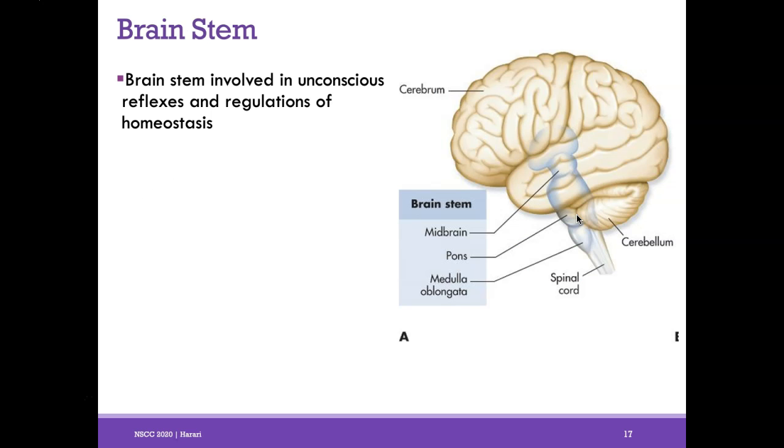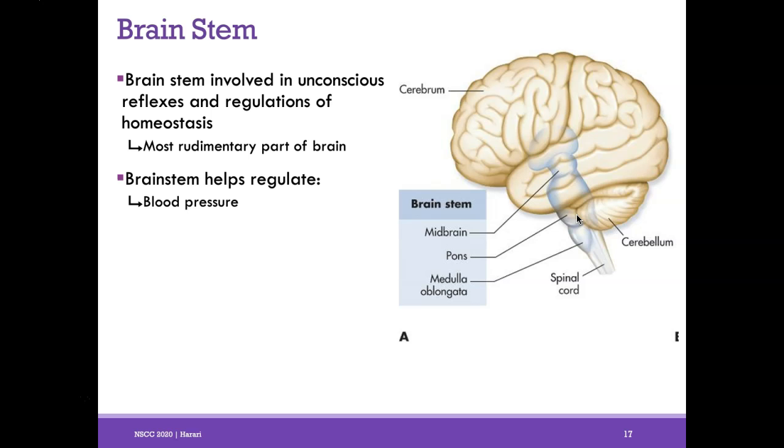So the brainstem is what we're going to talk about now. The brainstem is the most primitive part of the brain. It's involved in unconscious reflexes and regulation of homeostasis. We'll see the brainstem, along with the hypothalamus, controls our unconscious reflexes and our unconscious responses. The brainstem is going to help us regulate blood pressure.